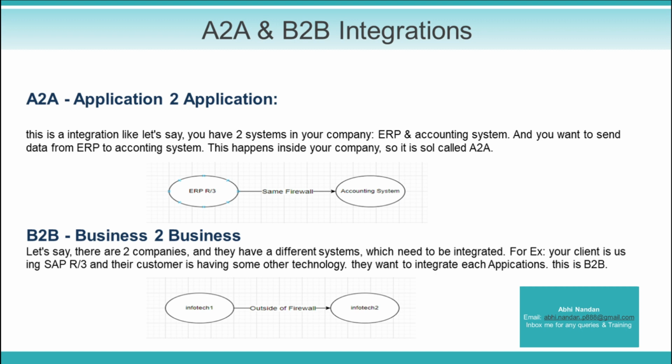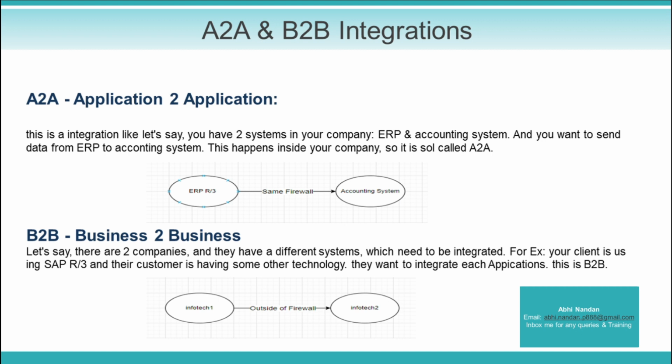Since these companies are outside of the firewall, it is not the same organization, they are different external companies. So here you can go with B2B integration, because in Boomi we have trading partners, where if you want to set up any communication between two businesses, the trading partner has some standard documents, so you need not use any custom documents.